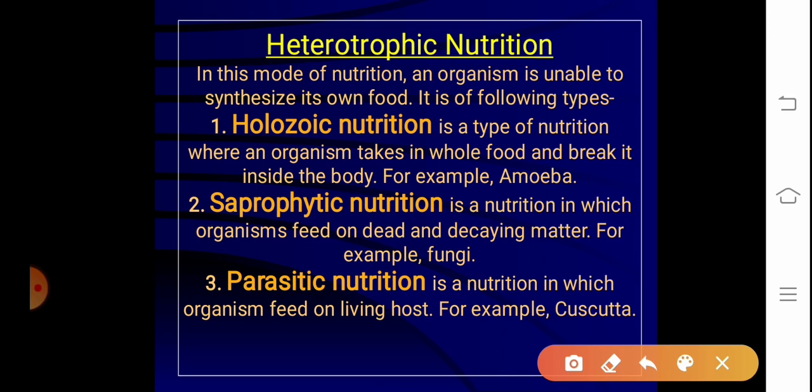So the last we have learned was the parasitic nutrition. Whenever I say parasite, please remember that those organisms are completely depending on the host. When I talk about the host, what happened? For example, if parasites like worms are present inside our body, then who is the host for those organisms?